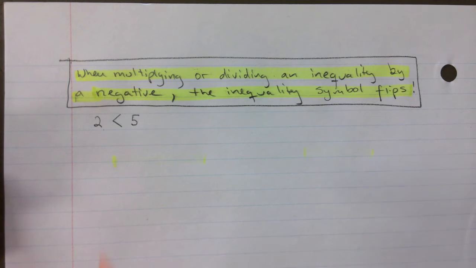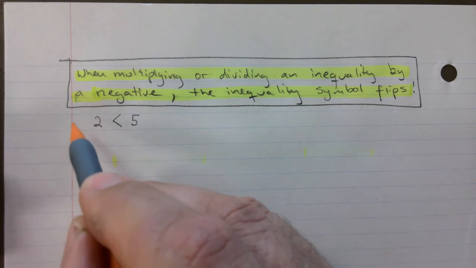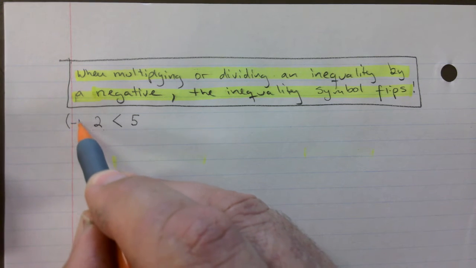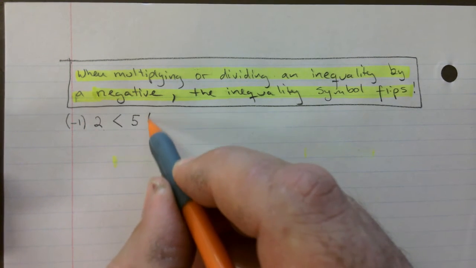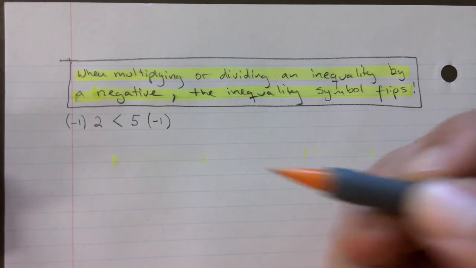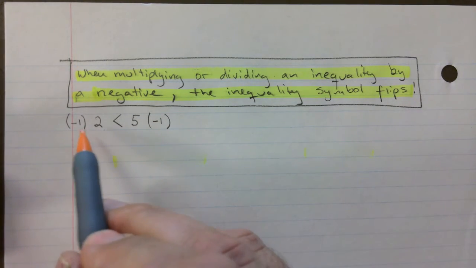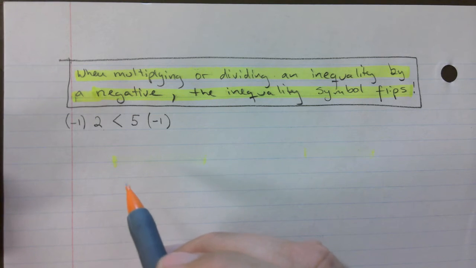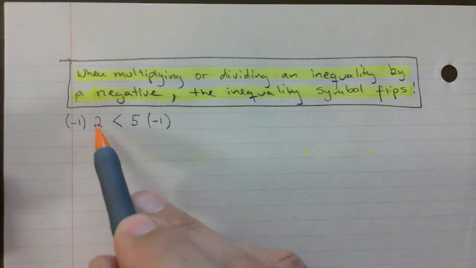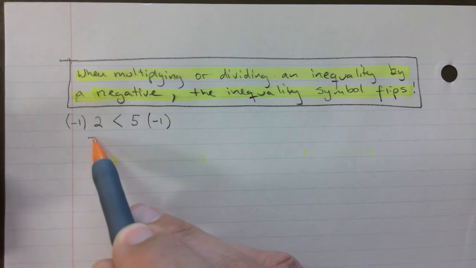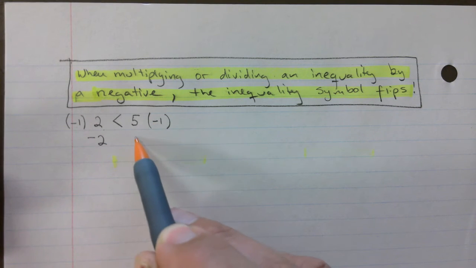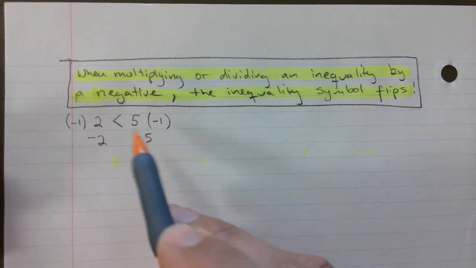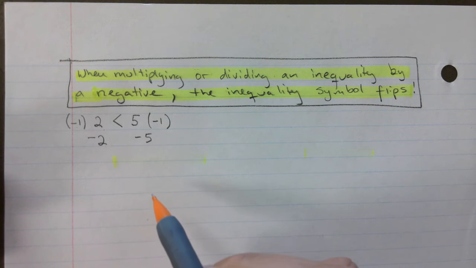If you take that and you multiply this side by, let's say, -1, and this side by -1, it's the same as an equation. If you multiply both sides by the same, you're not affecting it, actually. You're changing the way it looks. -1 times 2 is -2, -5, right? Which one is greater now?